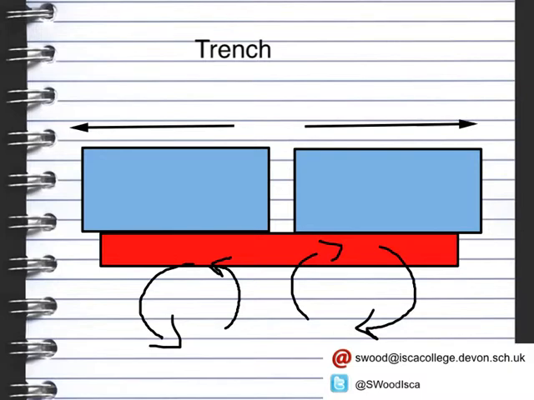Now we have to remember that there is a seabed at the bottom here. As they move apart, it creates a space for the magma to move up. So the magma is able to come up here.